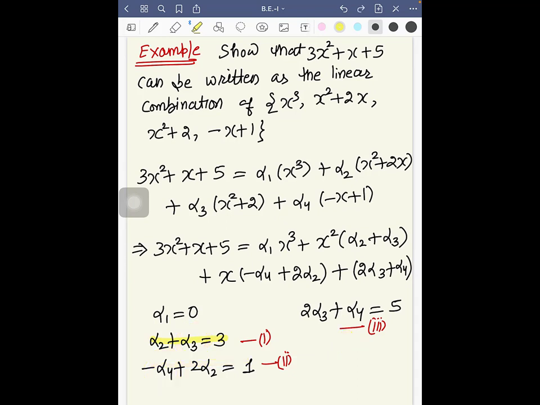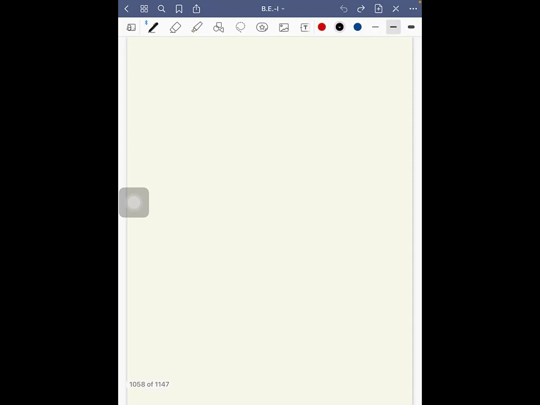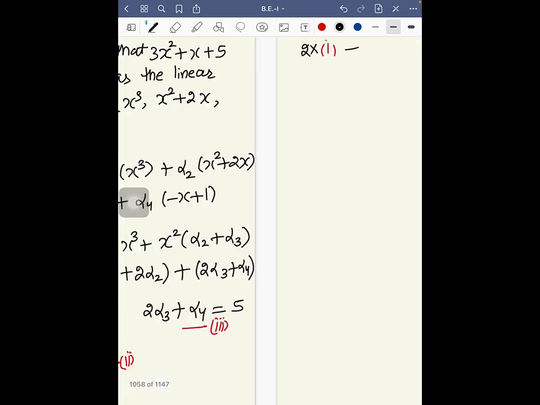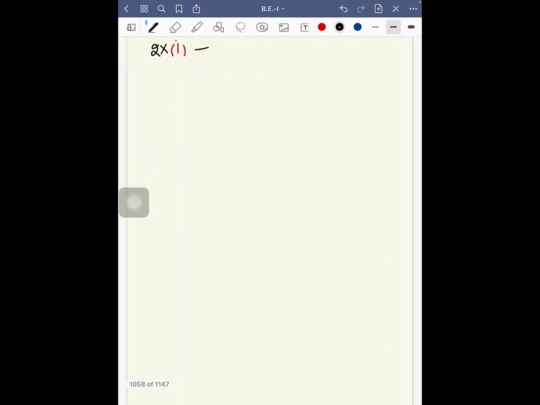So first of all, I'll solve the first and second in order to get an equation in alpha 3 and alpha 4. For this, I'll multiply the first equation by 2 and then subtract the second from this one.